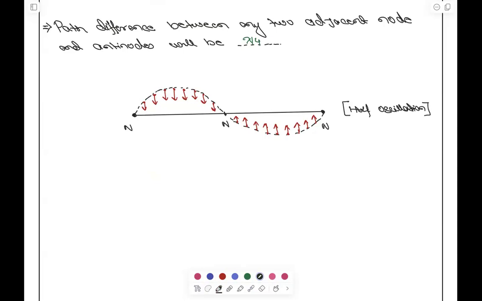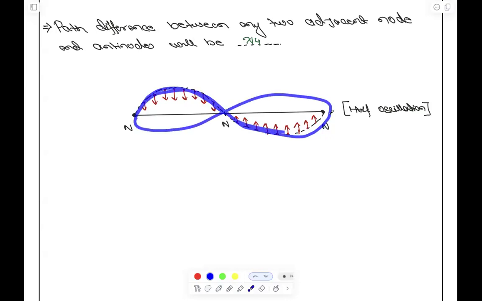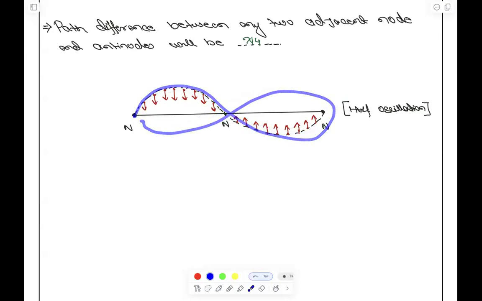What can you interpret now? Anyone? This is the half oscillation of the standing wave. It goes like this: this one went, then collided, this one came, then went, came, collided, went. So this is the complete oscillation of the standing wave. And this is my half oscillation of the standing wave.